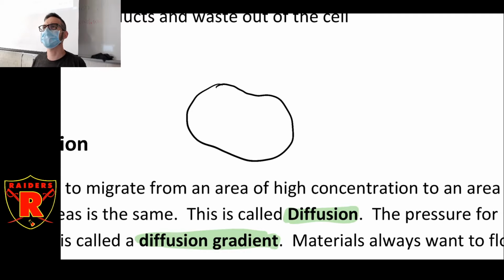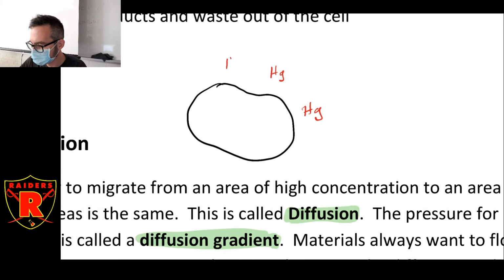Let's pick something that can just go across the membrane. What can go across the membrane easily? Something that can go across a cell membrane. Mercury. You don't want this to go across your cell membrane, but mercury in certain forms is fat soluble. Okay? So let's say you got a bunch of mercury outside your cell. Hopefully you don't.